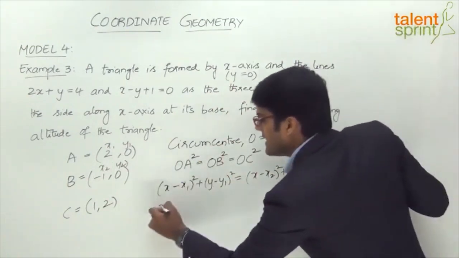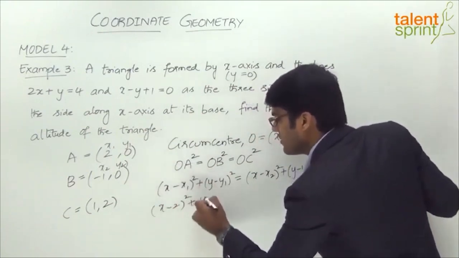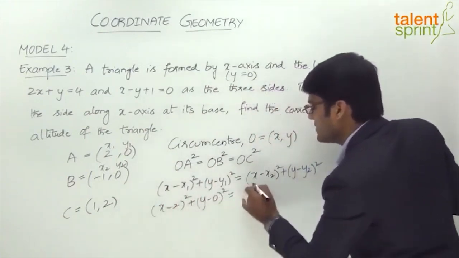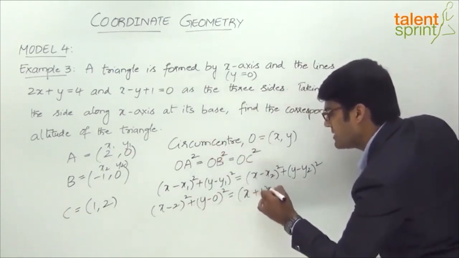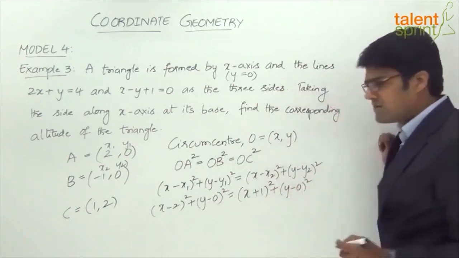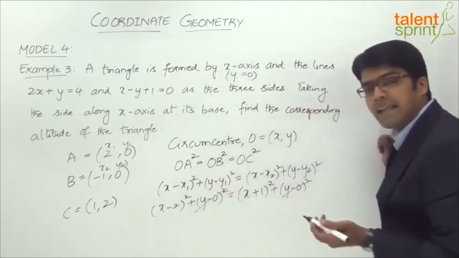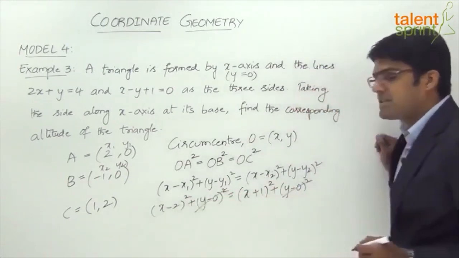Now solve this, we get (x minus 2) squared plus (y minus 0) squared equals (x minus of minus 1), right? So we get plus 1, (x plus 1) squared plus (y minus 0) squared. Clearly y squared gets cancelled on both the sides. So what are we left with? (x minus 2) squared equals (x plus 1) squared.